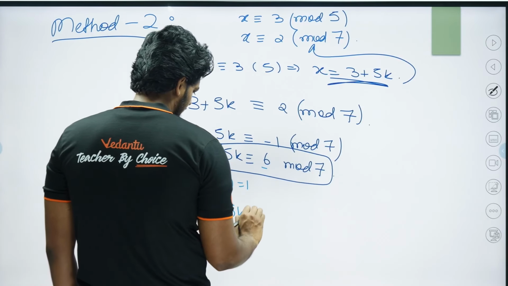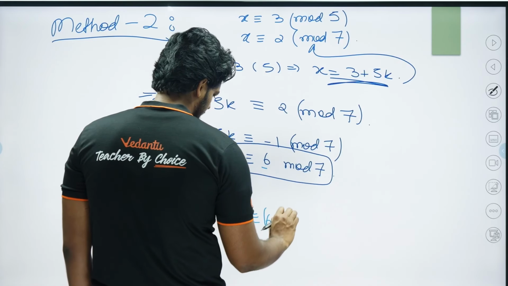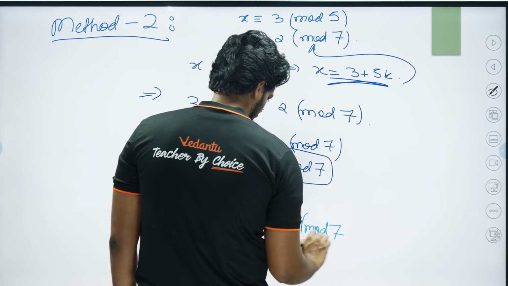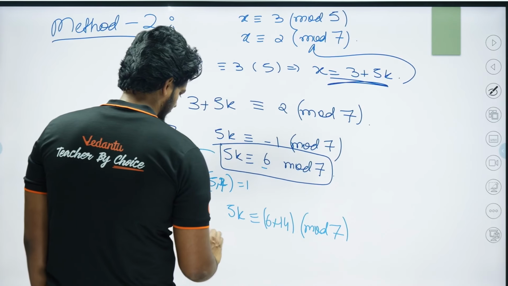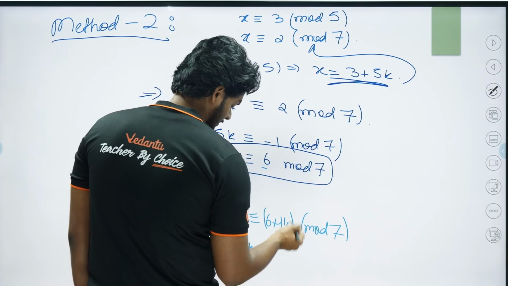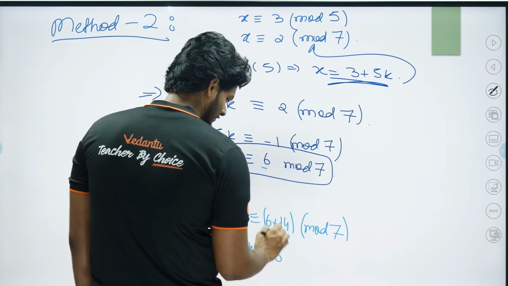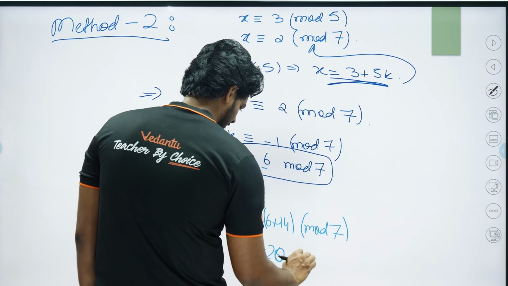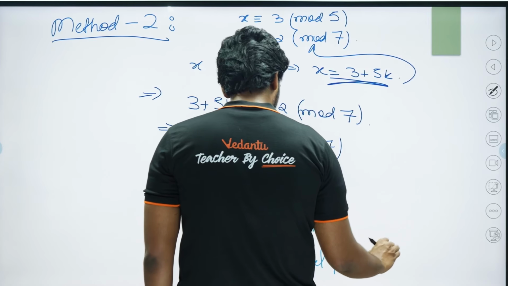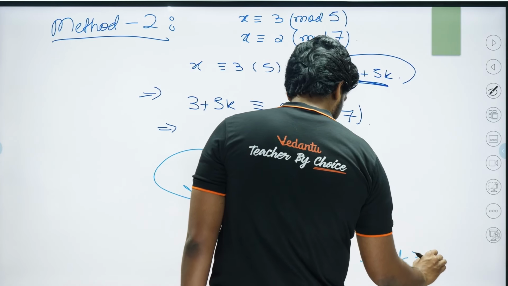So 5k can be 6 plus 14 mod 7. So that should imply 5k is congruent to 20 mod 7. So that should imply k is congruent to 4 mod 7.